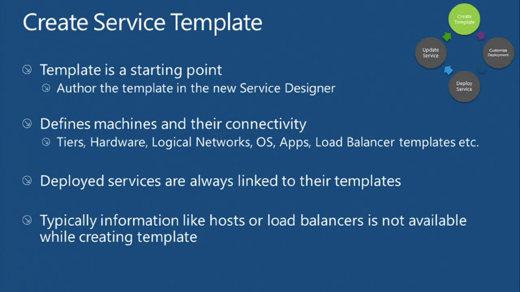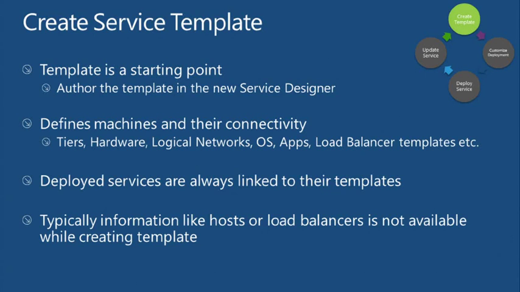And typically when you're defining or creating a service template, actual information about the fabric, like, well, which host might this template actually be deployed to, or which physical load balancer in the environment is going to be leveraged by this template. Usually that type of information is not available when you're authoring the template. So really what you're doing when you're authoring a service template is you're describing the requirements of each of those tiers, right, of each of the machines that are going to be provisioned.